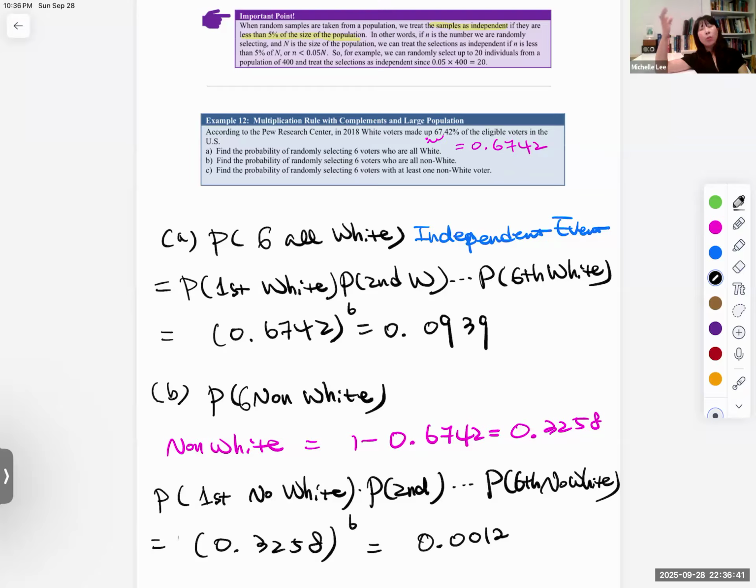When we see that at least, we had the experience before, right? It means 1 or more until 6 in this case. When we see at least, we can use the complement rule most of the time. There are a couple of times it does not work, but it works almost every time.